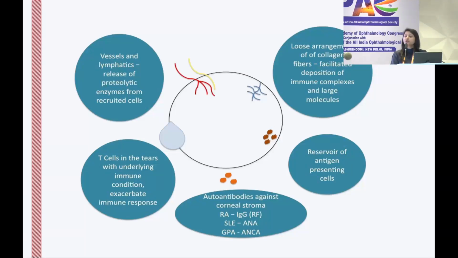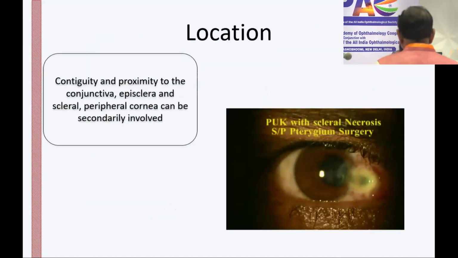Also, the peripheral cornea and the limbus and the conjunctiva near it have a reservoir of antigen presenting cells that, through the lymphatics, go and present these autoantigens as foreign. So these autoantibodies reside in this area, and the T cells in the tear also exacerbate this immune response.